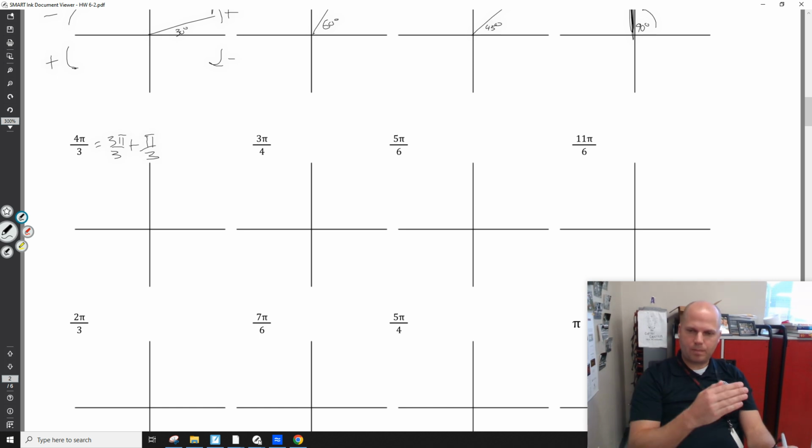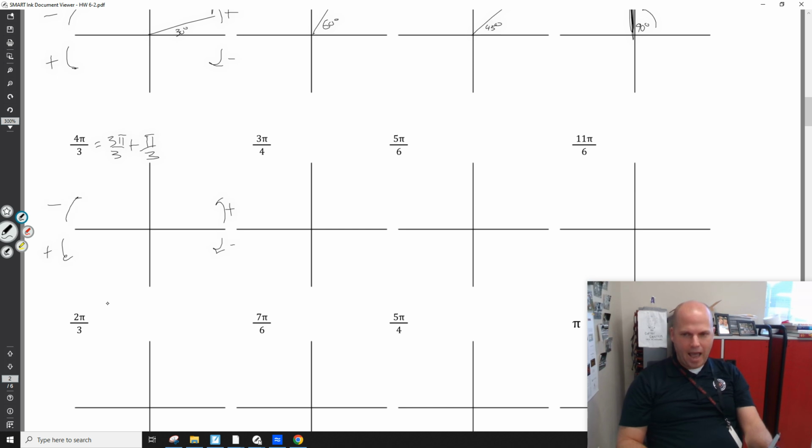I will take 3 pi over 3, add a pi over 3. A pi over 3 is a 60-degree angle, so I'm here in the third quadrant, 60 degrees away from my x-axis.